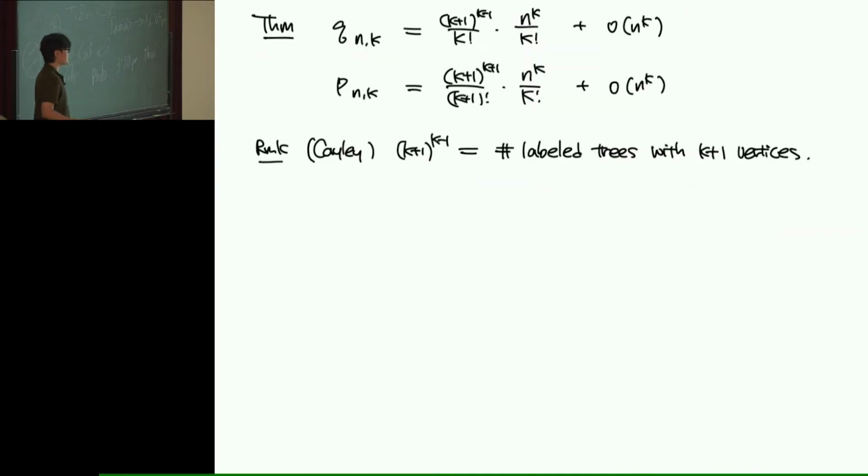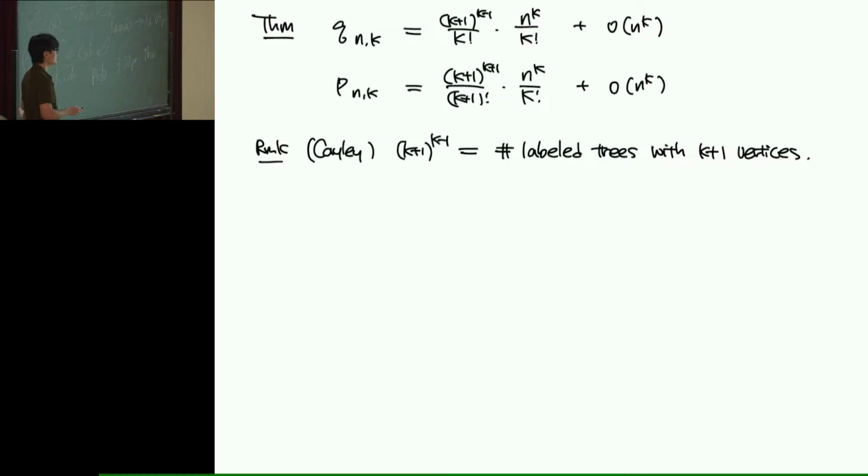Using that, we established the asymptotic formulas for the trivial parts. The numerator here is Cayley's formula for labeled trees with k plus 1 vertices. And here k factorial is there because we can permute the vertices.